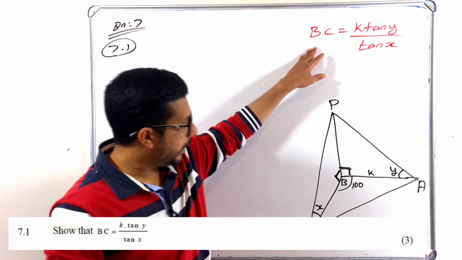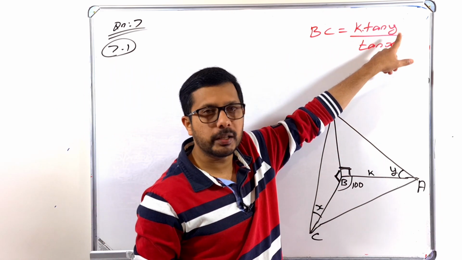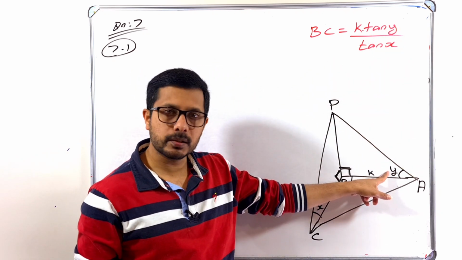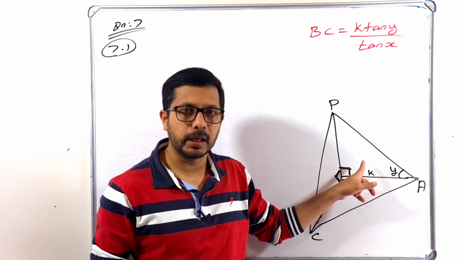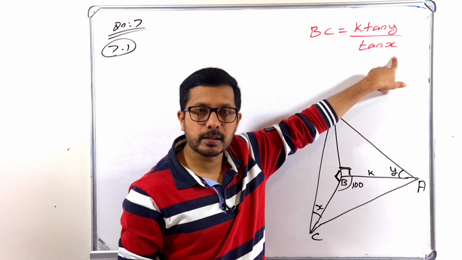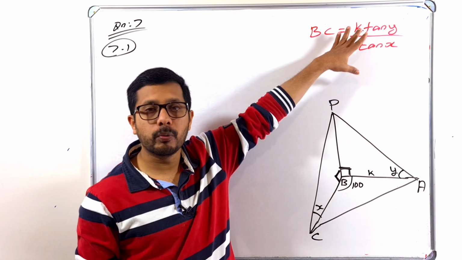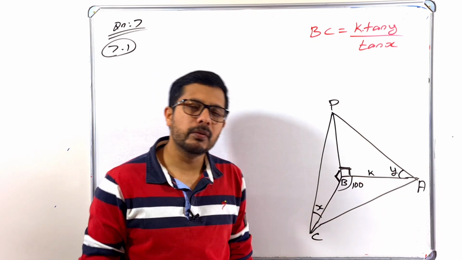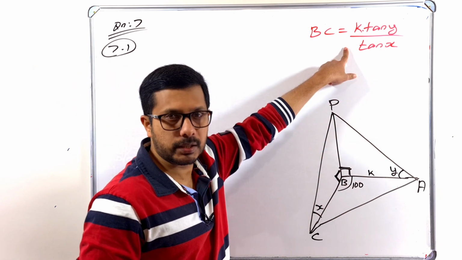BC is equal to K tan Y divided by tan X. They used this angle Y, in this triangle, so they applied tan trigonometry, and also we can see tan X, so it means that they used this triangle also. That is why they got a combination of tan X and tan Y. Anyway, we have to use both of these triangles to get that answer.